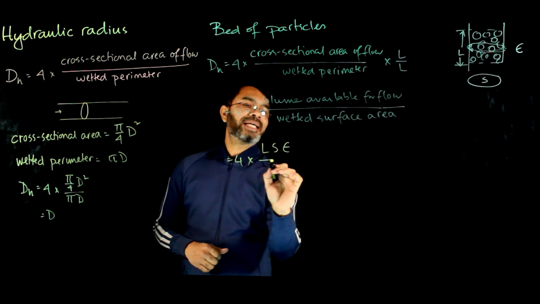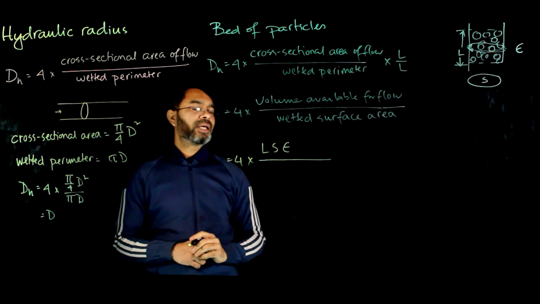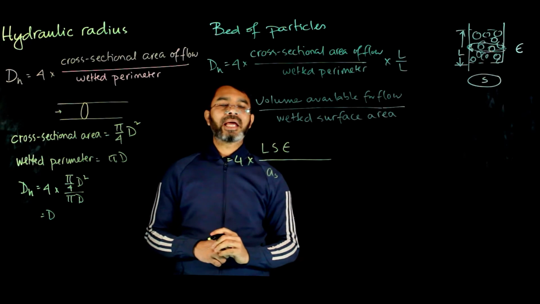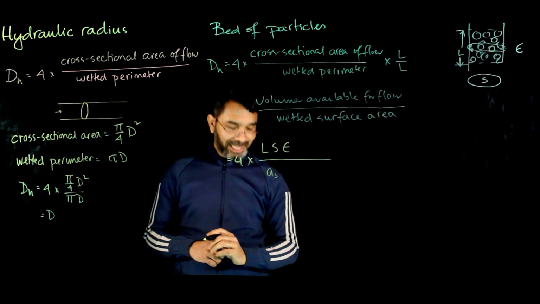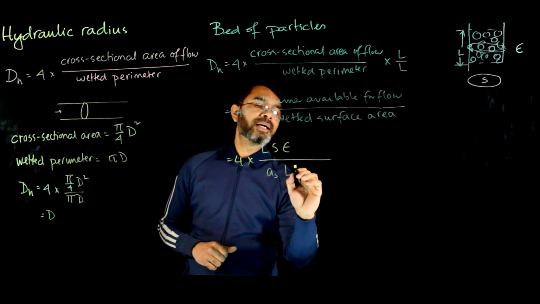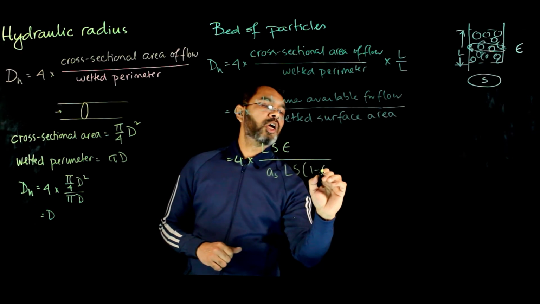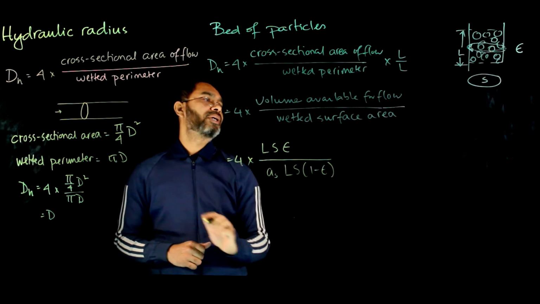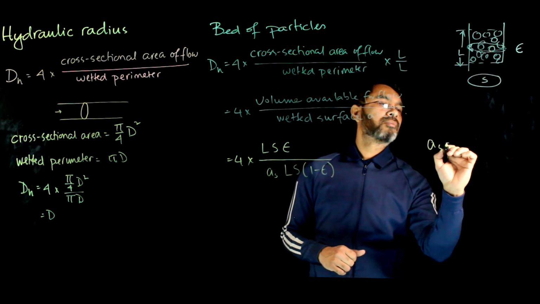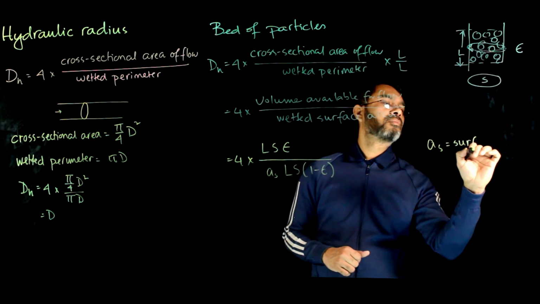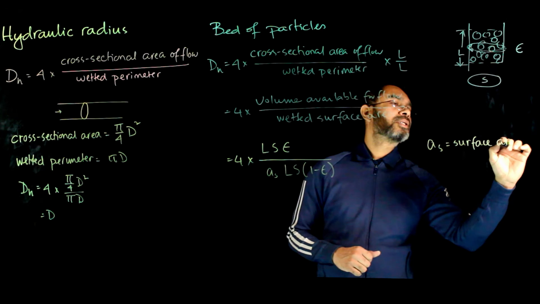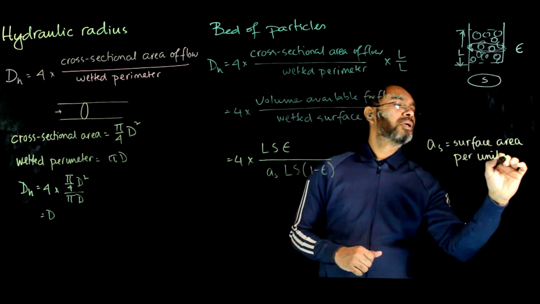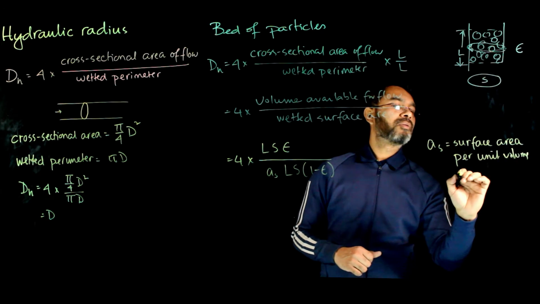And we get the weighted surface area to be, if we take aS as the surface area per unit volume of solid, multiplied by the volume of solid, the surface area of the solid, where aS is the surface area per unit volume of solid.